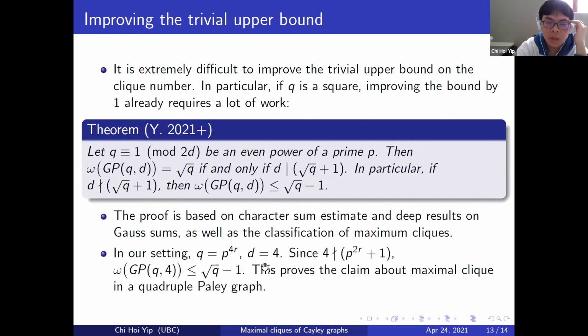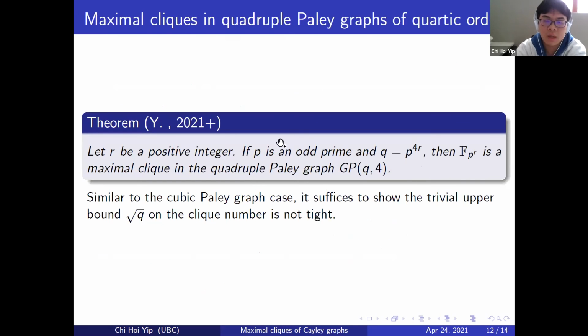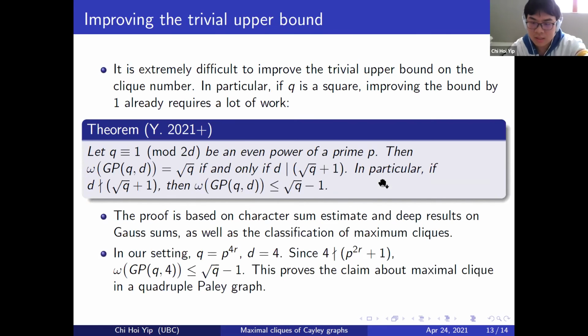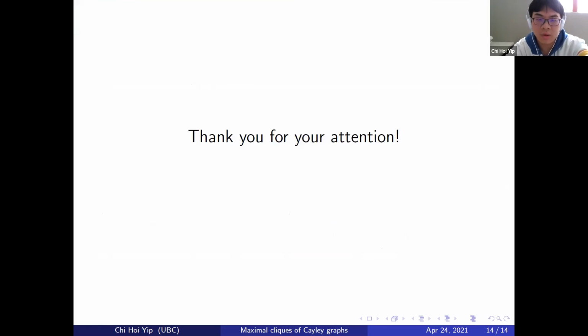We can check that 4 does not divide p^{2r} plus 1. That means the clique number is at most root Q minus 1, so the trivial upper bound is not tight, and we can prove the claim about the maximal clique of the quadruple Paley graph. And that concludes my talk. Thank you very much for your attention.